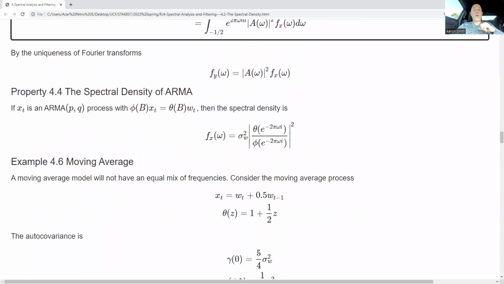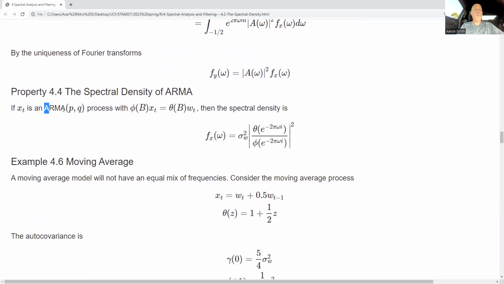So if we look at this, it's going to work out that if I have an autoregressive moving average model, and I've got phi and theta as the polynomials for autoregressive and moving average, the spectral density is going to be given by this formula here. And this is basically just rewriting what we talked about a moment ago.